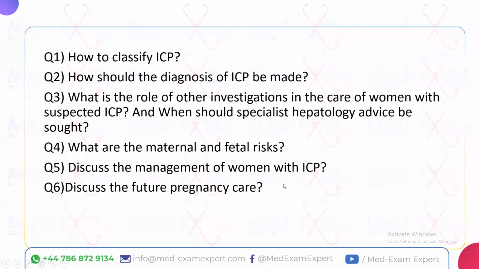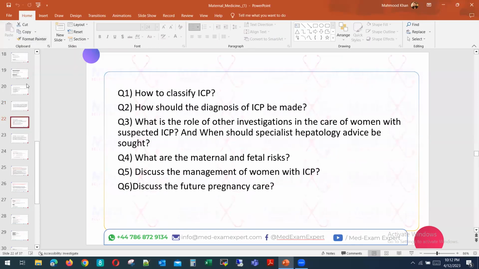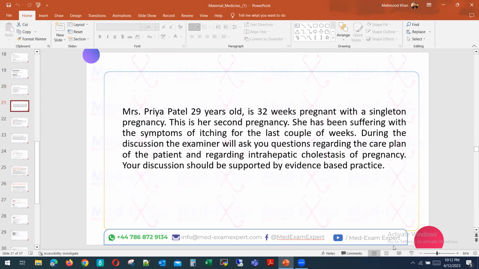Have you seen your domains? No, I want the second slide. So these are the domains that you will be tested for. And then this is the candidate instruction.